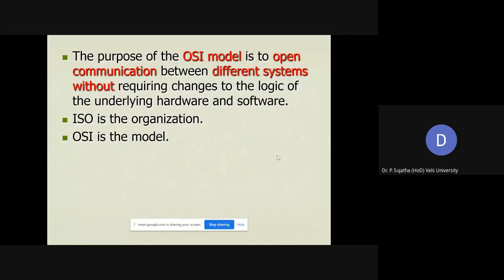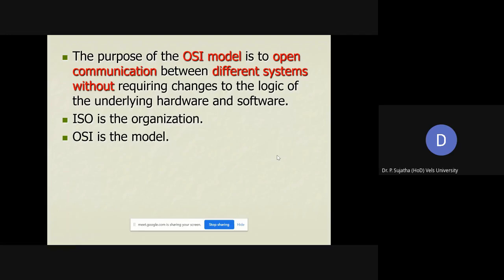Okay, so what is the purpose? What I'm saying now, the same thing is given here. The purpose of the OSI model is to open communication between different systems without any change to their hardware and software. There is no need to make any changes to the hardware and software.